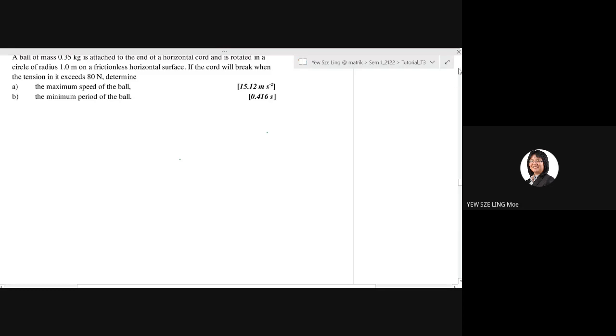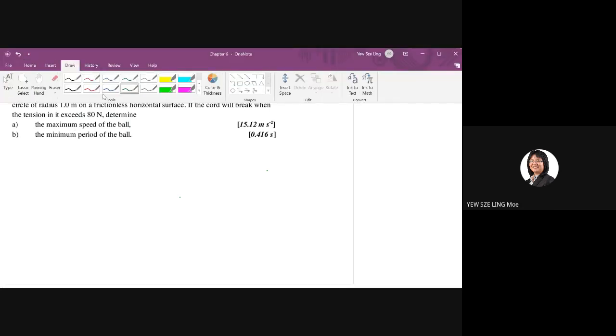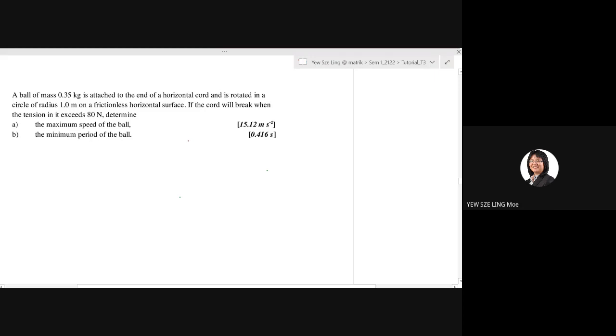How are we going to solve this question? This question is a bit tricky. It's very similar to the previous questions, but now you swing it on a surface.